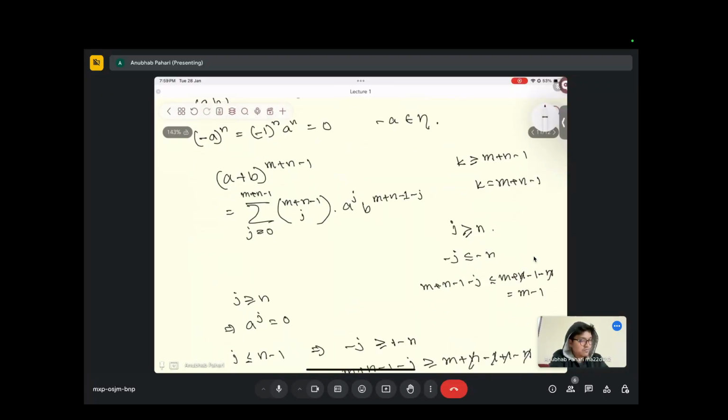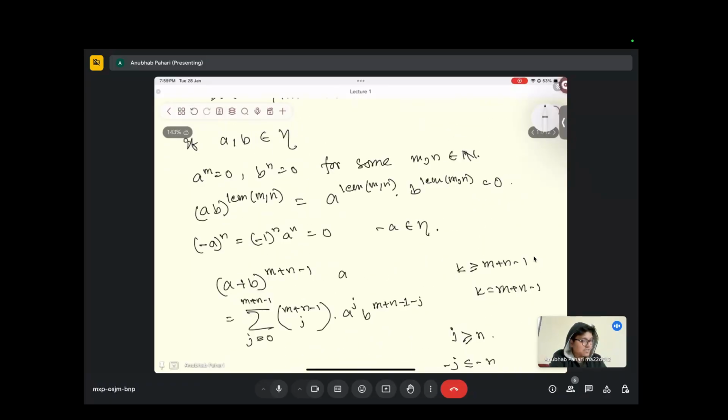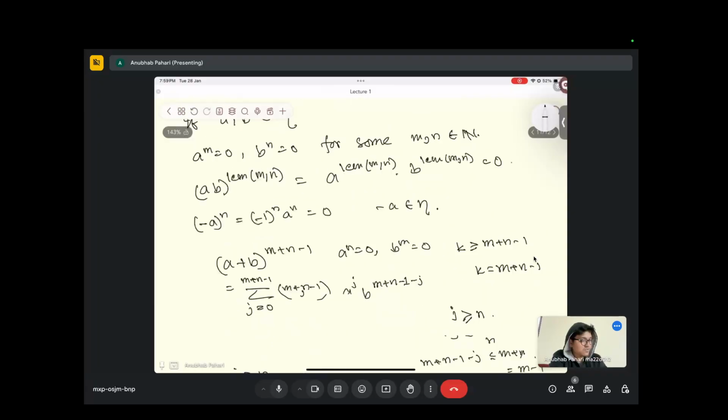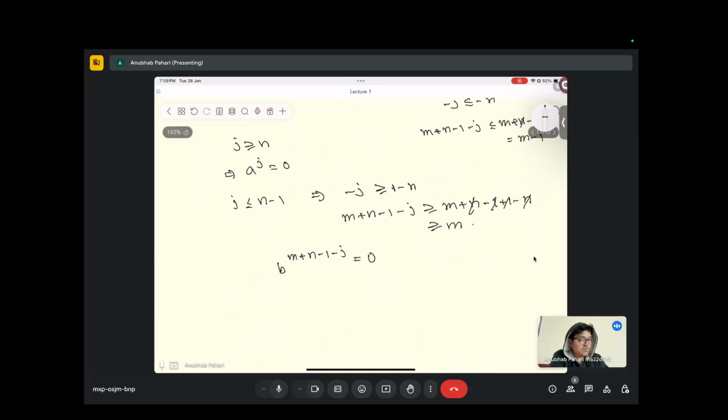And for now, just consider a to the power n equals 0 and b to the power m equals 0. So this is clear, right? When j is greater than or equal to n, then a to the power j equals 0, and when j is less than or equal to n minus 1, then this entity is 0, right?